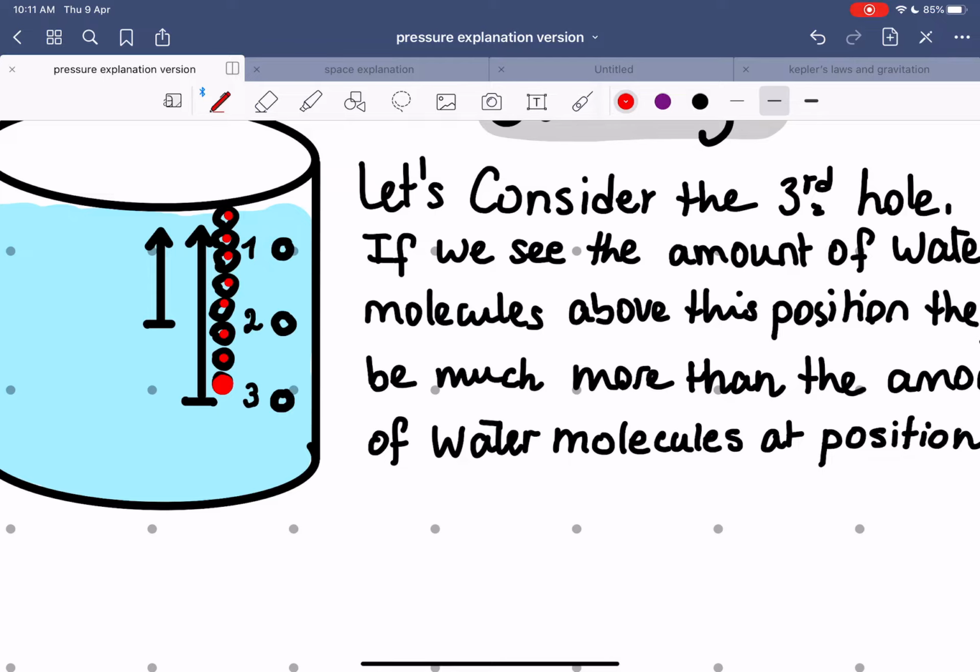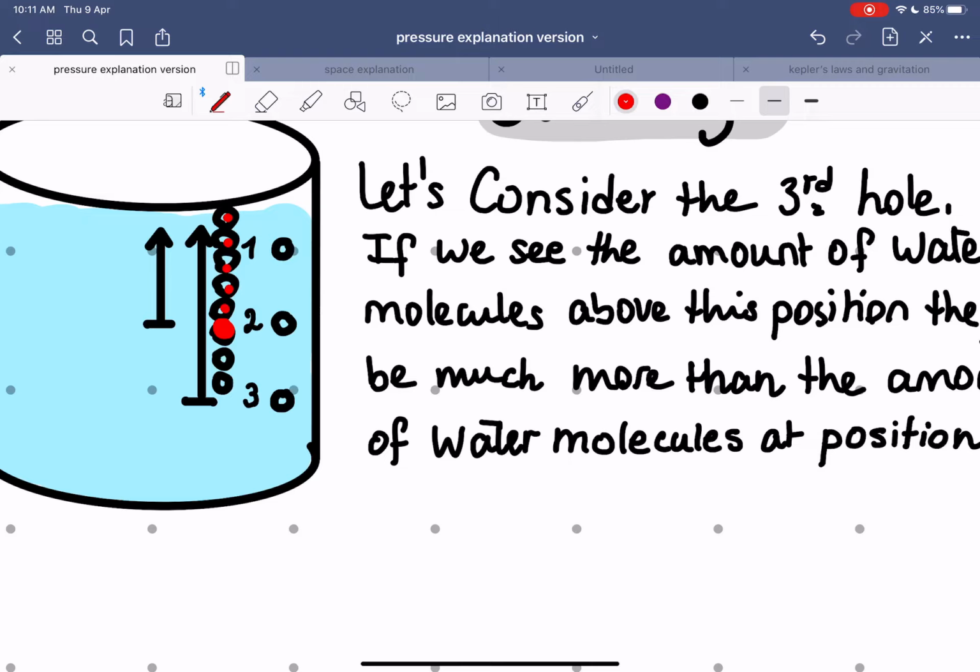So all of their force exerted downward will be accumulated on this molecule, and so from the third hole we will have the furthest flow. While if I take this one, which is at level 2, you will see how only 1, 2, 3, 4, 5 water molecules are above it, so it will of course have less force.